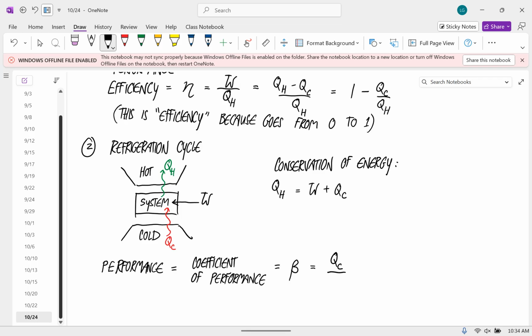And that energy comes from electricity. You need electricity to run the compressor, or you could do it manually, and then it would be manual work to run the compressor.